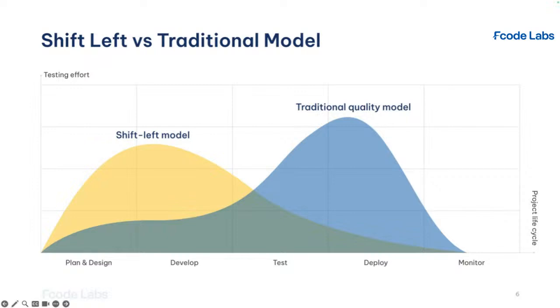We are testing when the testing phase begins, and when the development is mostly over, we have to test whatever is developed. But look at this yellow color graph, how early the testing activities begin.